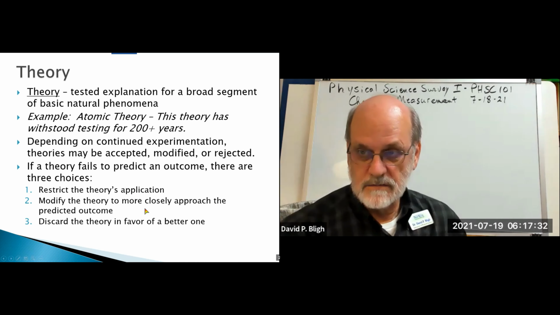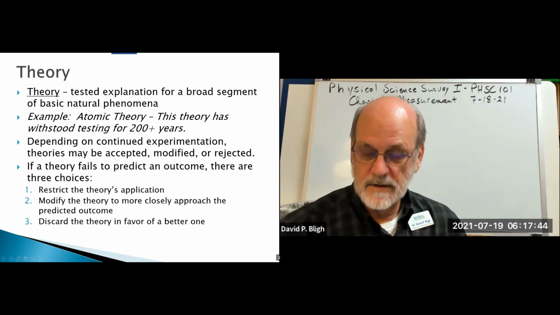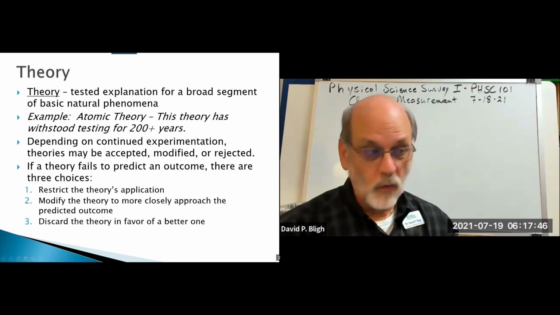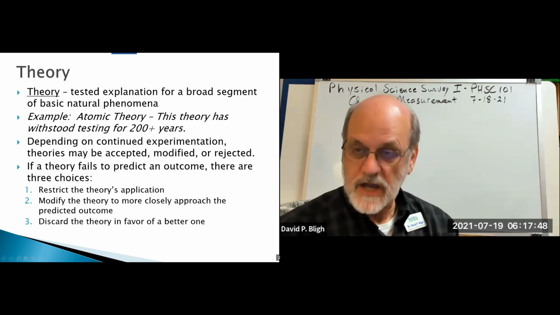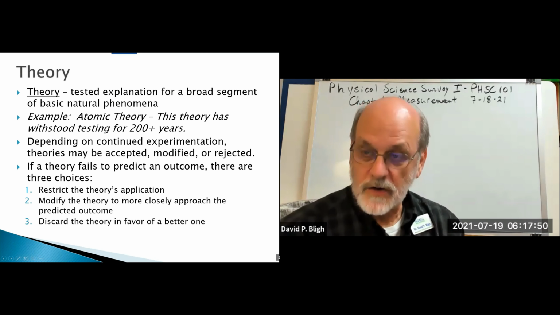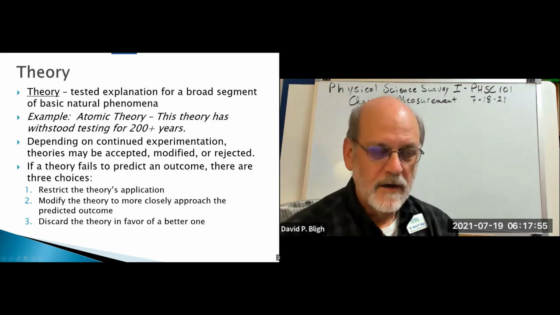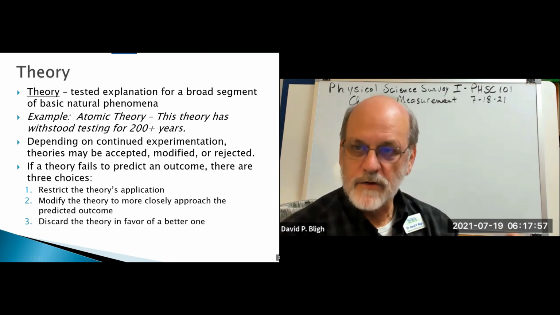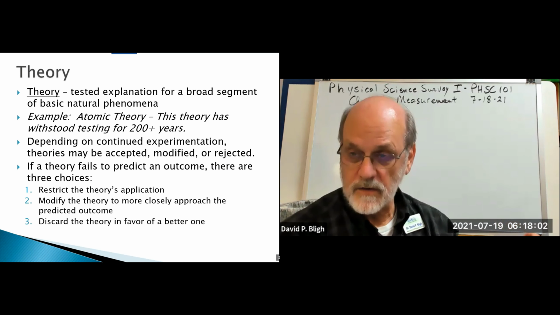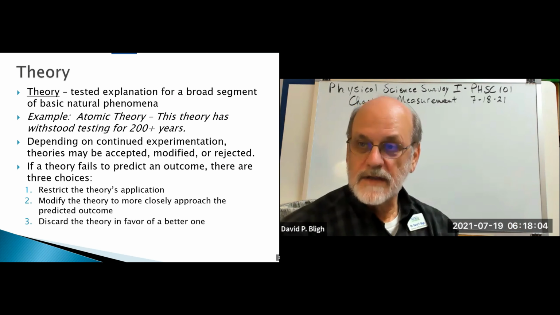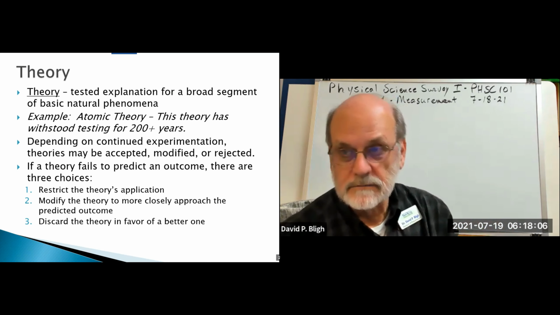There are 20 or 30 different models that can be applied to global climate change, and all of them fail. So the modelers don't want their model to fail, so they change the model so that it gives the outcome that they want. In other words, if they're expecting over the next century for the average global temperature to increase by 4 or 5 degrees centigrade, then they will change the model to give them that result.